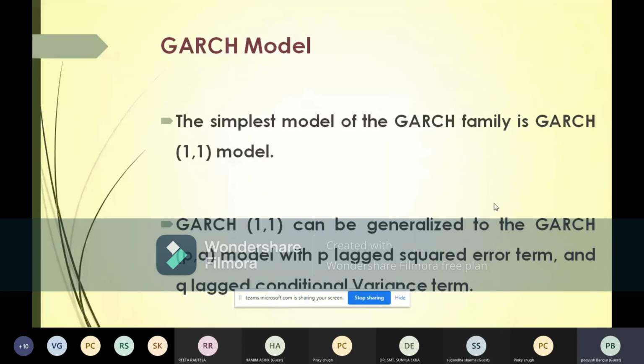GARCH(1,1) is the simplest model, and when we generalize mathematically, we call it the GARCH(p,q) model. P is the lagged squared error term, and Q is the lagged conditional variance term. As I told you in the previous slide, mean and variance are not calculated simultaneously by the ARCH model, but the GARCH model comfortably captures such a problem.